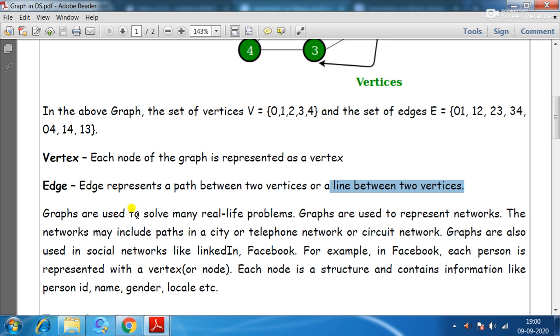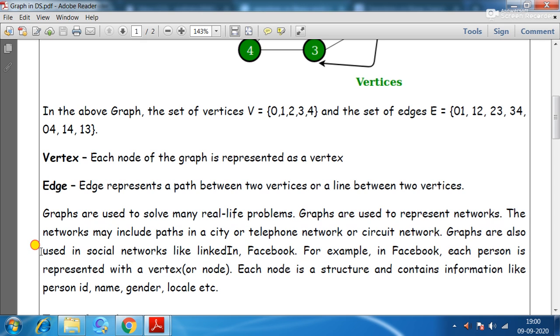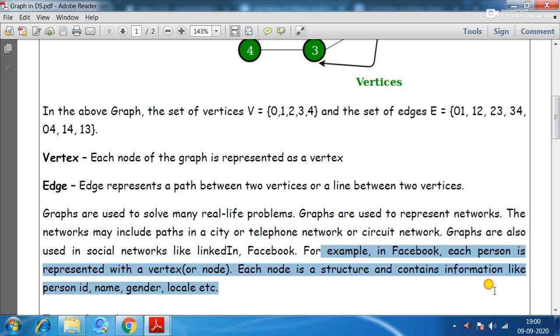Graphs are used to solve many real life problems. Graphs are used to represent networks. The networks may include paths in a city or a telephone network or circuit network. Graphs are also used in social networks like LinkedIn and Facebook. For example, in Facebook, each person is represented with a vertex or a node.